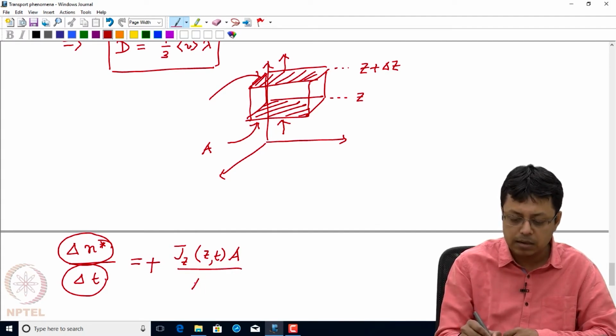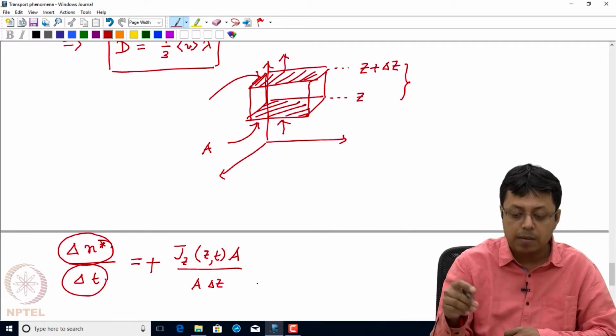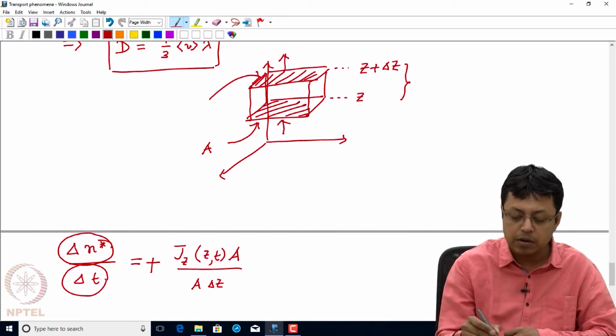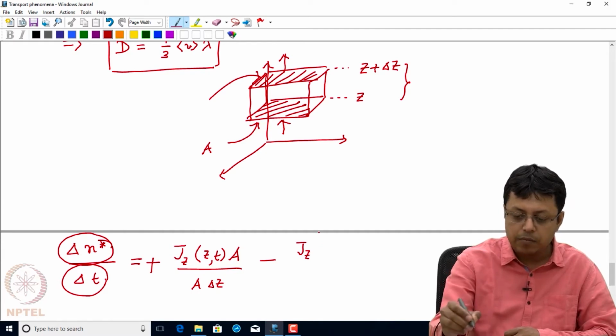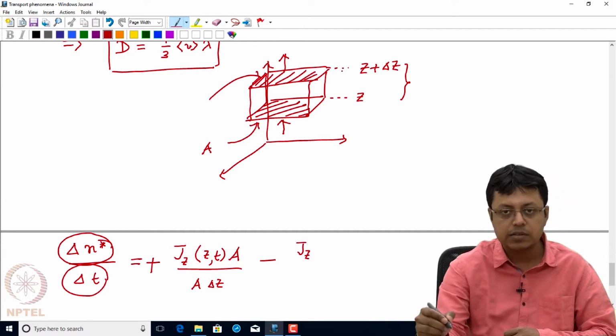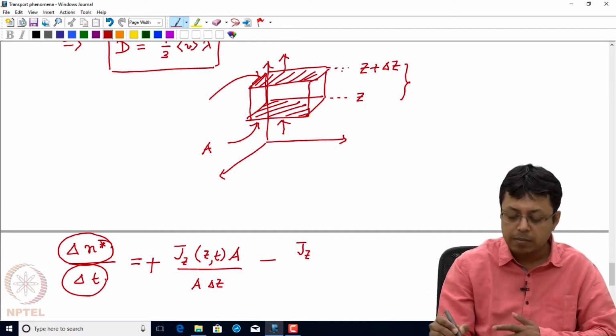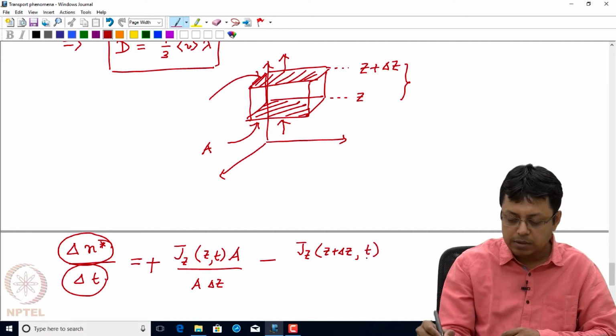Now the volume is nothing but A times this length, and this length is z plus delta z minus z, which is delta z. So this is the number of molecules entering per unit time, because we have multiplied by the area. Then I also have to make sure about the molecules leaving through the surface located at z plus delta z, but there the flux is slightly different, at time t.